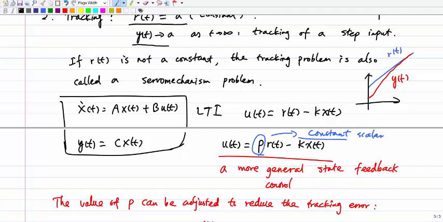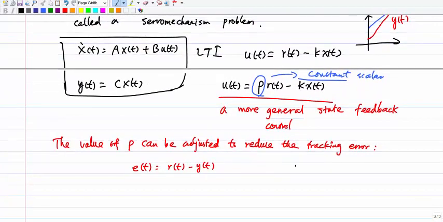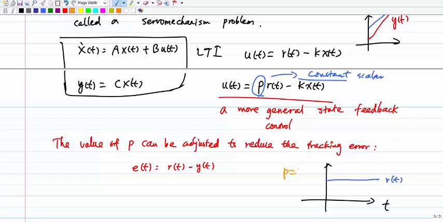You're going to scale it up and down. Why is this important? Let's say this is t, and this is my reference r(t). If p is 1, my output y is this.